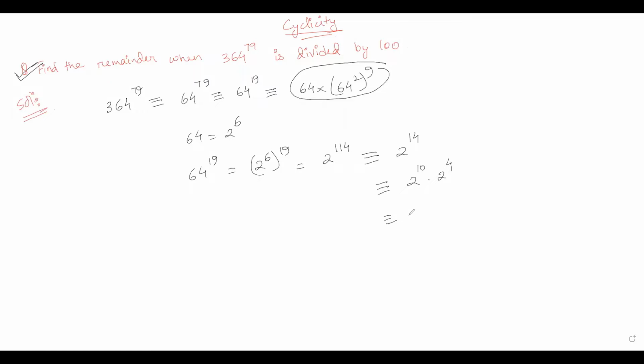So the last two digits would be 24, and the last two digits of 2 raised to the power 4 would be 16. So the last two digits of 24 times 16 would be simply 84. So the remainder when 364 raised to the power 79 is divided by 100, or the last two digits of 364 raised to the power 79, would be simply 84.